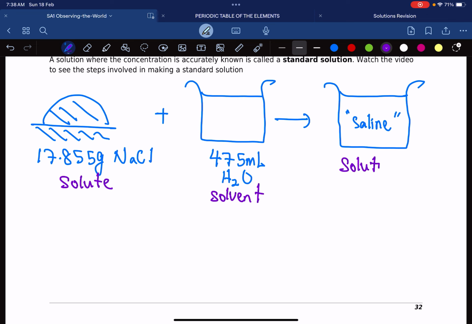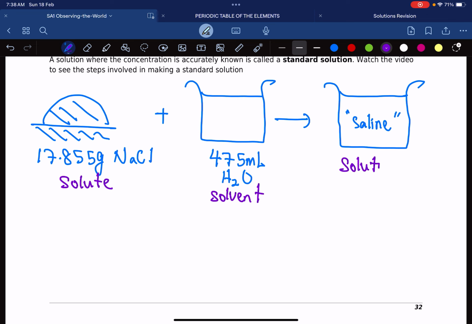So in this chapter, we want to work out the concentration of the saline solution. What is the concentration of the saline solution? The concentration of saline solution can be expressed in a few ways. One way is percentage weight over weight, gram over gram. Percentage weight over volume, gram over ml.